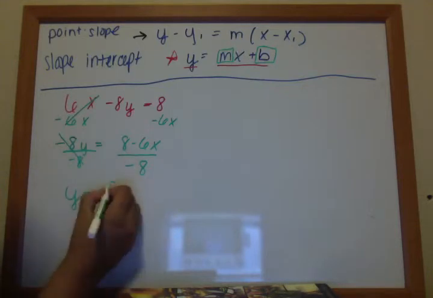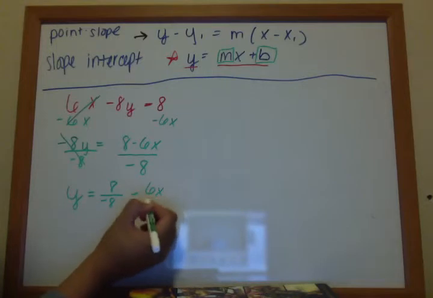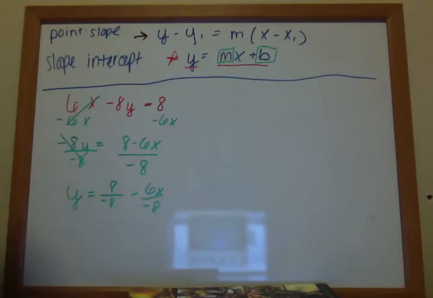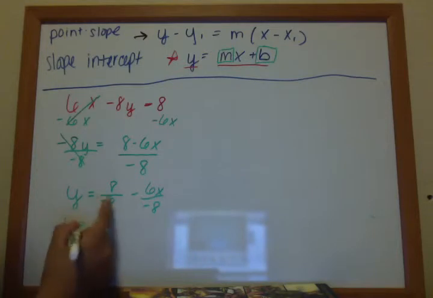Now we're going to rewrite this. So 8 over negative 8 minus 6x over negative 8. Okay? This is the same thing. This form and this form. Alright.